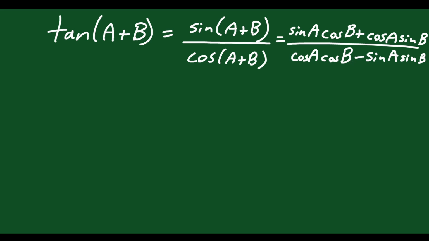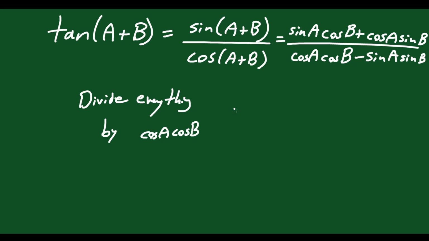Now what's going to happen here? Well, what we have to do to simplify this is we're going to divide everything by cos A cos B, and you're going to see why in a minute. If I divide all these four terms by cos A cos B, what do you have?